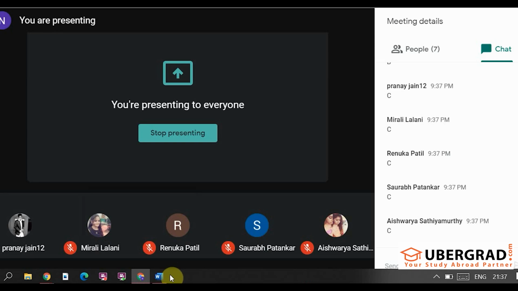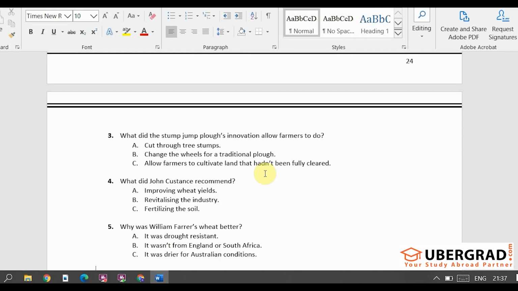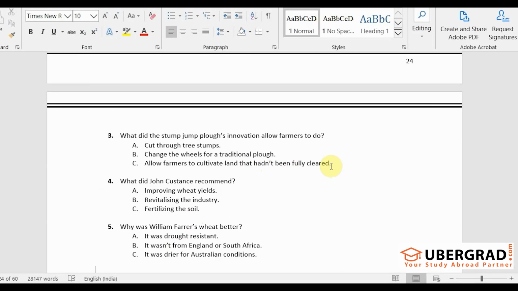C, right? Allow the farmers to cultivate land that hadn't been fully cleared. Means they still had tree stumps on it. They still had tree stumps on it means what? They were not fully cleared, right? Good. What did John Custance recommend? So John Custance can be a keyword. Let's see what did he recommend.